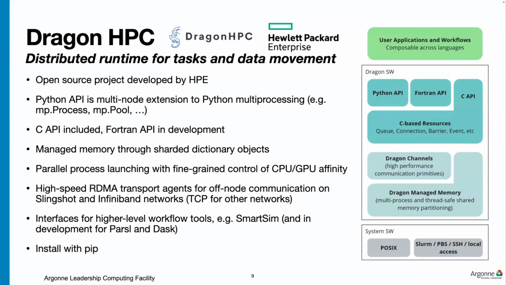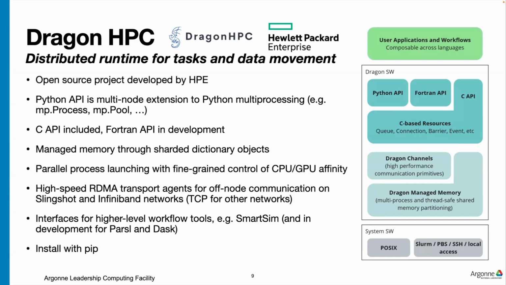This is a new open source project just for executing tasks on HPC systems, but it's optimized to make use of the network expertise and software that HPE has developed over the years.